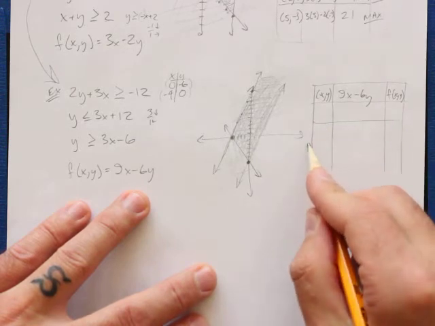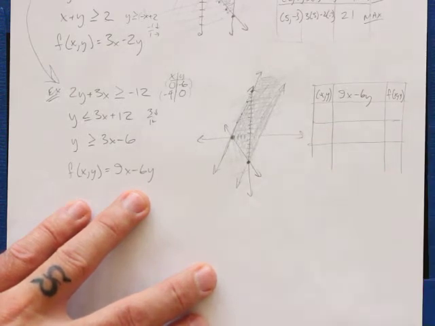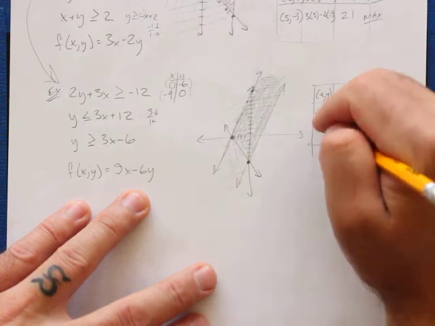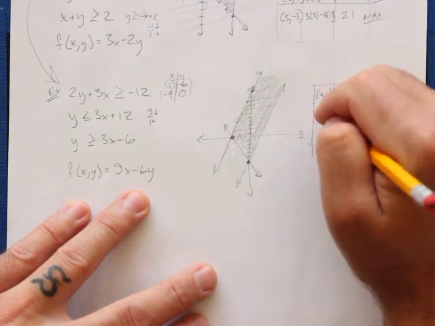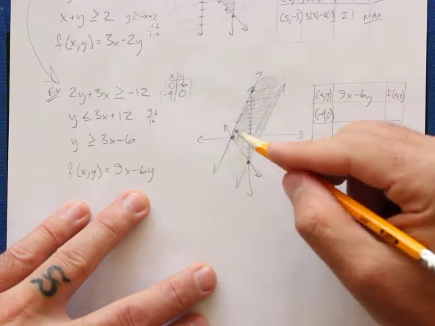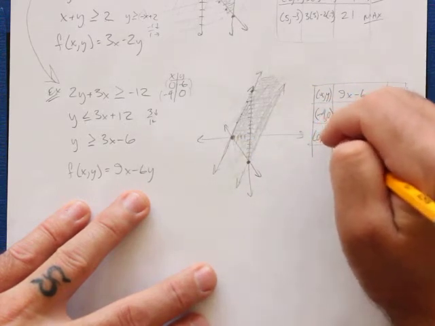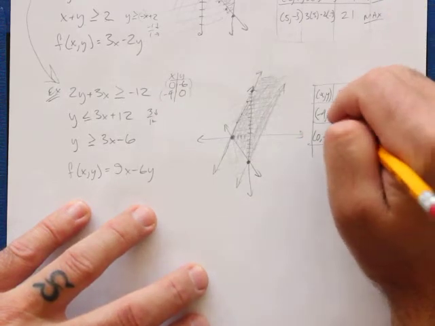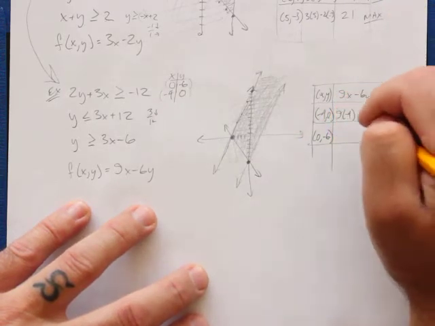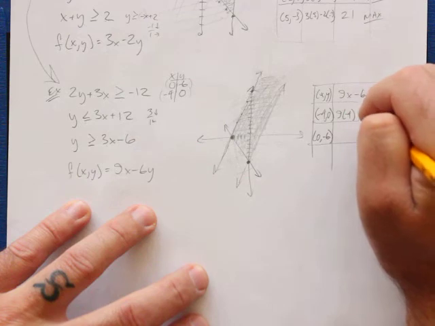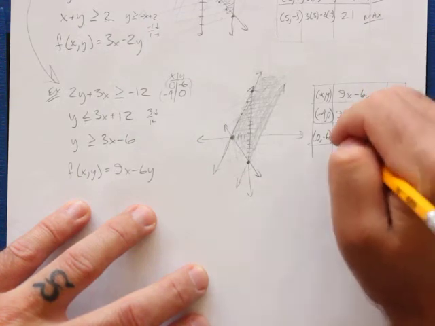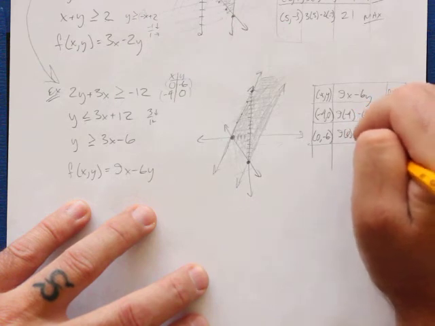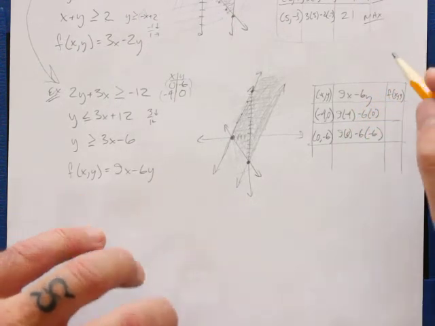So we just have two vertices. They are -4, 0, right there, and they are 0, -6, right there. And so let's just plug those in. 9 times -4, minus 6 times 0, and then 9 times 0, and minus 6 times -6.